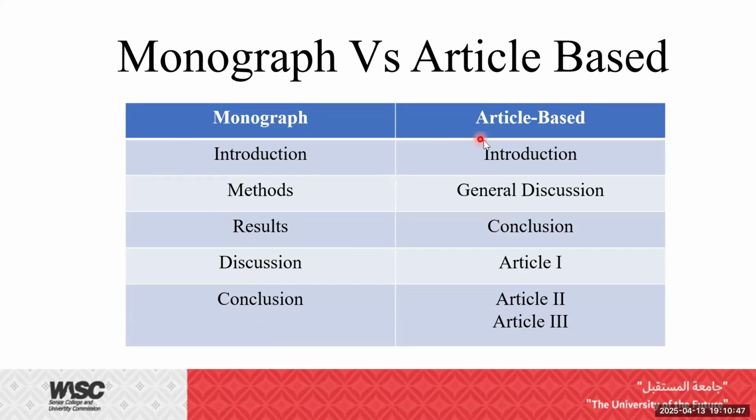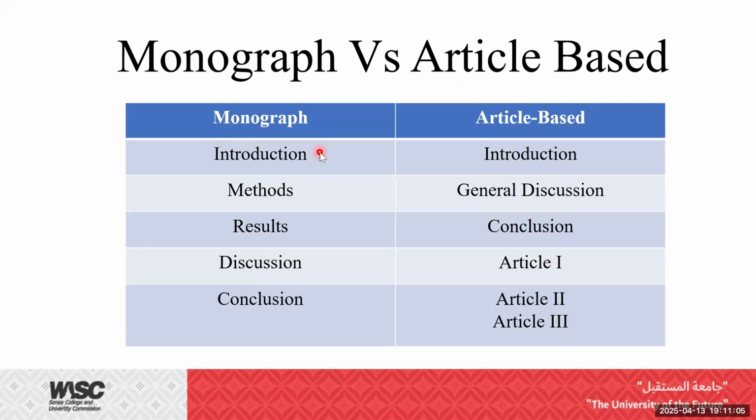However, some students publish 3 articles as a first author, and they have the option to follow the article-based track instead of the monograph track.